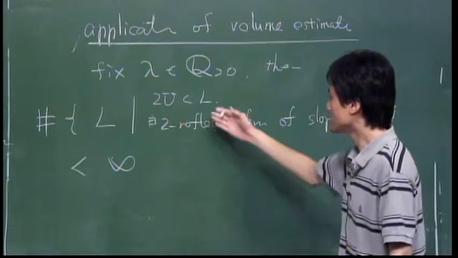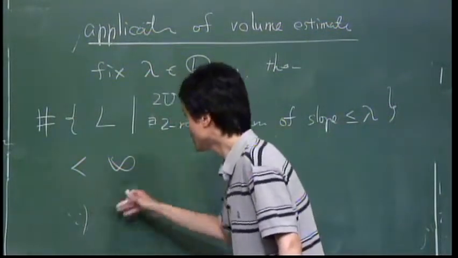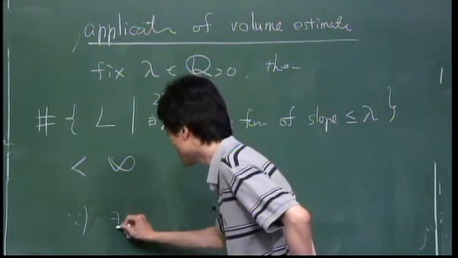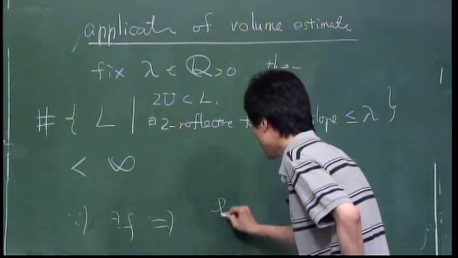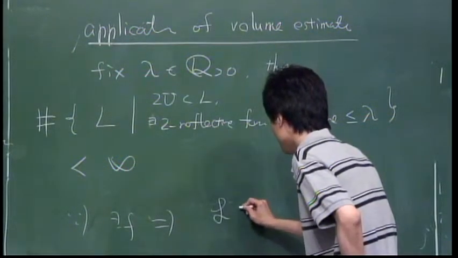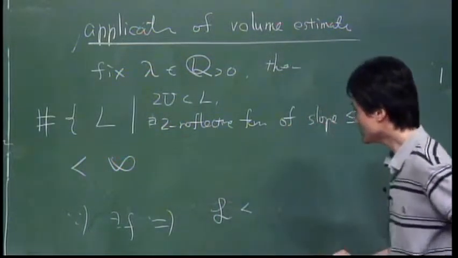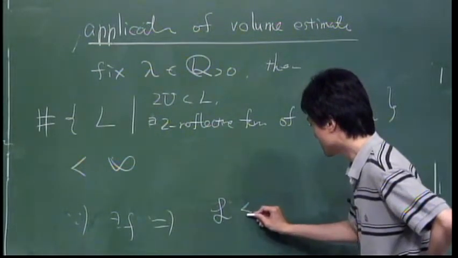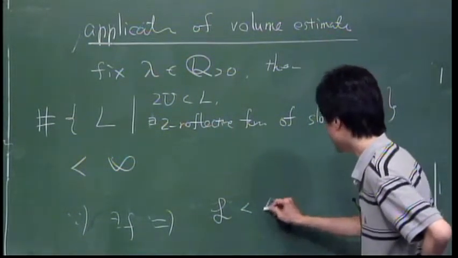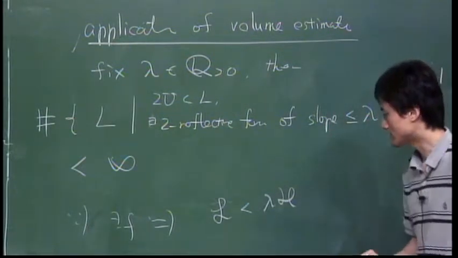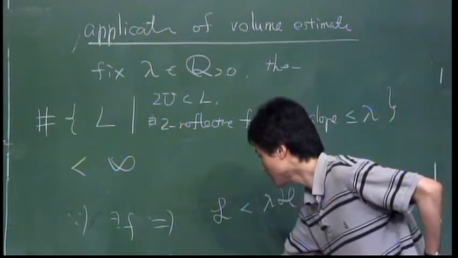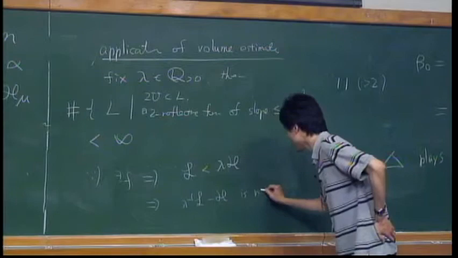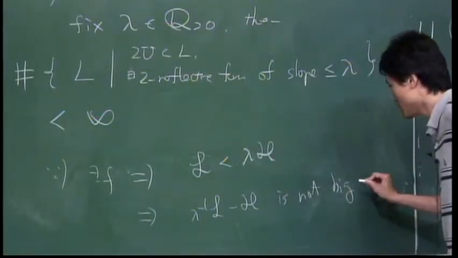I can't explain this in short, but basically, if we have such a modular form, then the line bundle of modular forms of weight 1 is smaller than the Heegner divisor. So in particular, lambda inverse L minus H is not big.